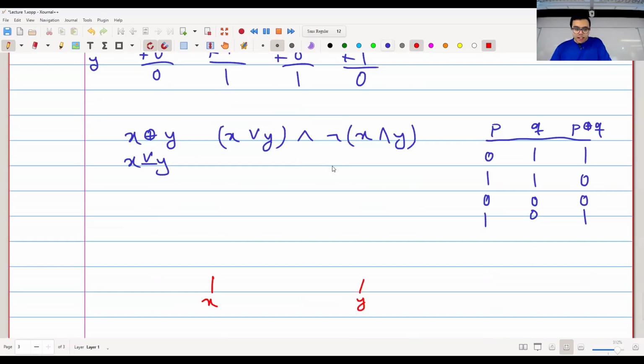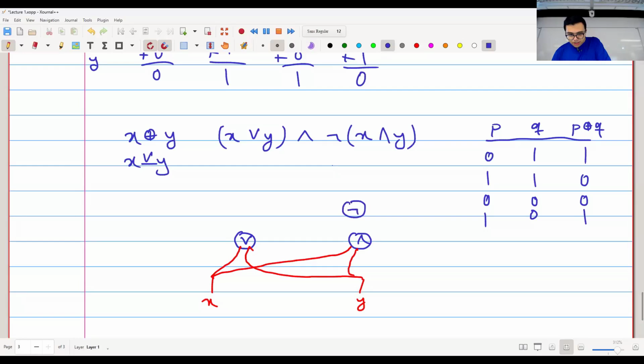Okay. Now first, I create an OR gate, and I put both of these as inputs. Okay. I'm also not really good at drawing. And then I create an AND gate. I also put both of these as inputs. Okay. Then I have a NOT gate, which only has this AND gate's output as input.